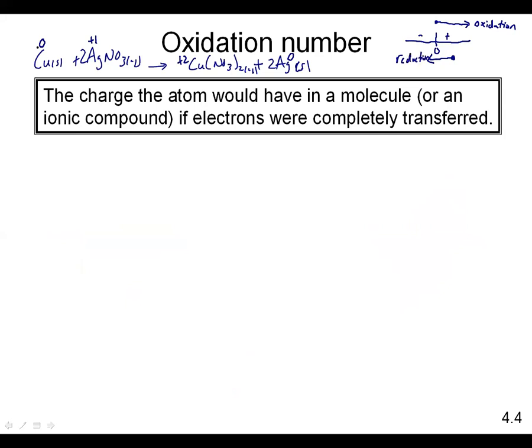And that means in this case, since the copper is going through oxidation, the copper would be our reducing agent. And the silver, in this case, which is going from plus 1 to 0, is going through reduction, would be our oxidizing agent in this case.